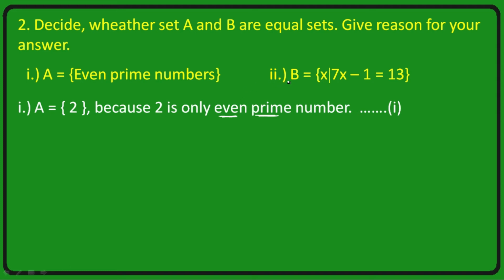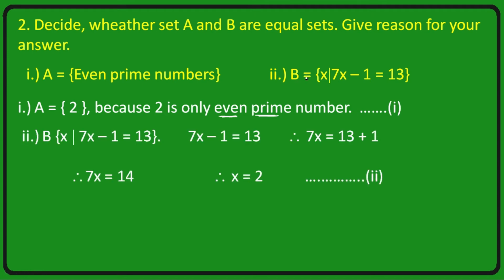So what about the set B? Let us solve this equation 7x minus 1 equals 13. Transpose this 1 on the right hand side, so we get 7x is equal to 13 plus 1, meaning 7x is equal to 14. After solving this, we get the value of x is equal to 2.